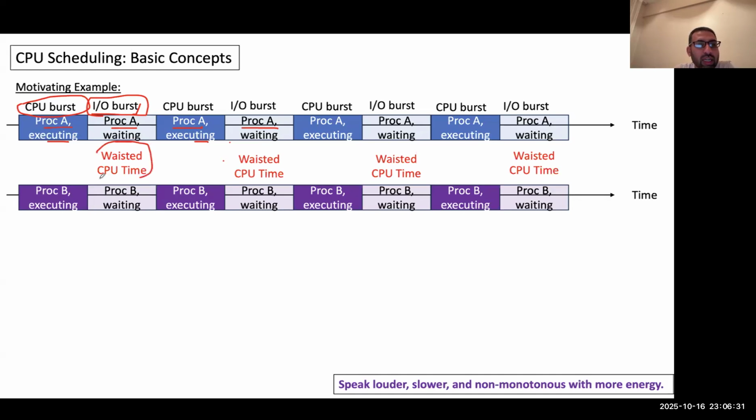So for these two processes, let's assume they are running on two different cores. Both of those cores are wasted in this time period, right? Because both processes are waiting for some IO to be completed.